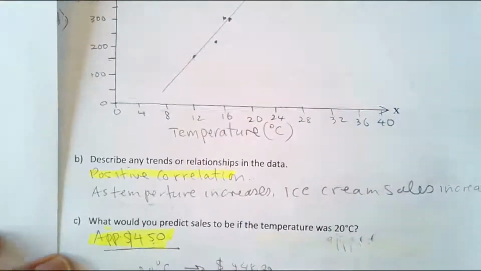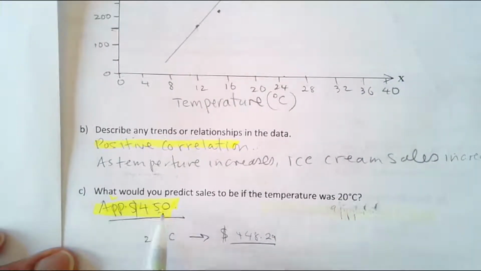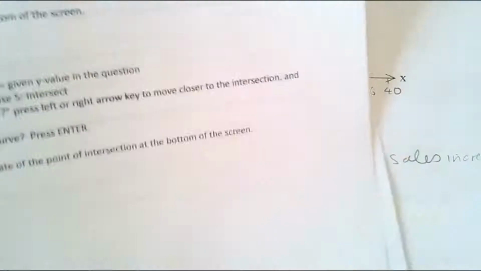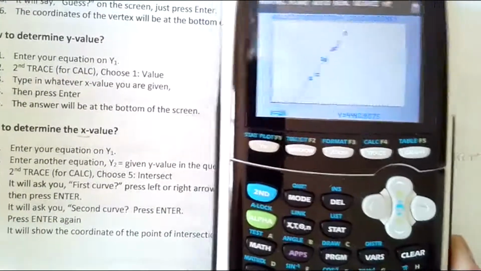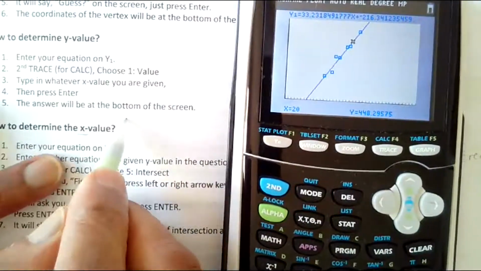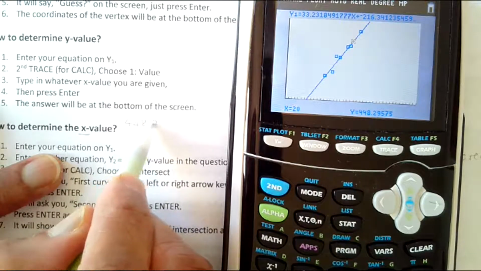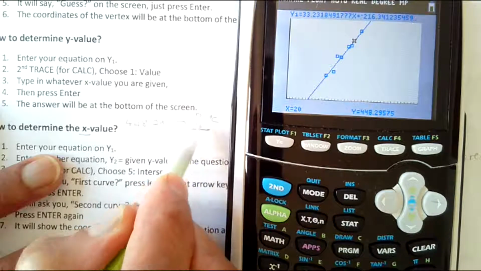That's what this calculator gives, close to our approximation here. Now, what happens if they tell us that the sales is $448.29? What is the temperature in degrees Celsius?